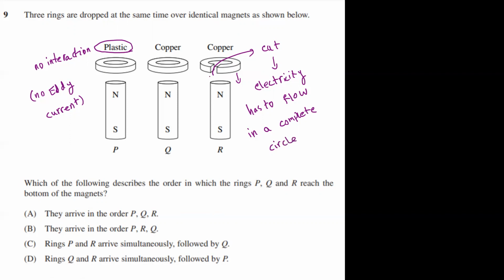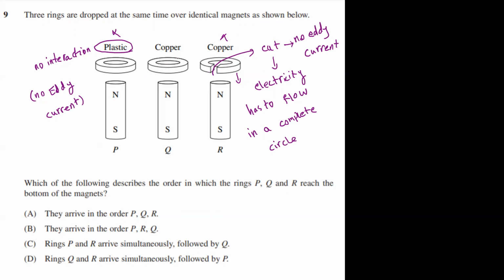Do I have it here? No. So as a result, I don't have eddy current at the cut. So no eddy current here, no eddy current here, so both of them drop as a result of gravity.